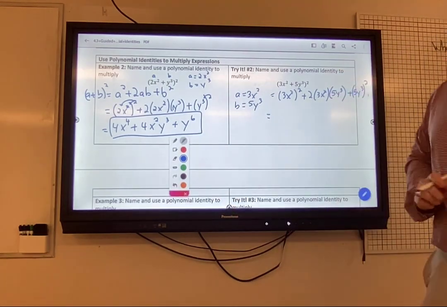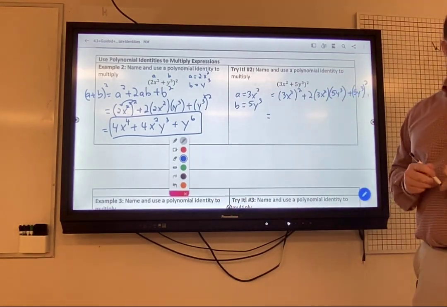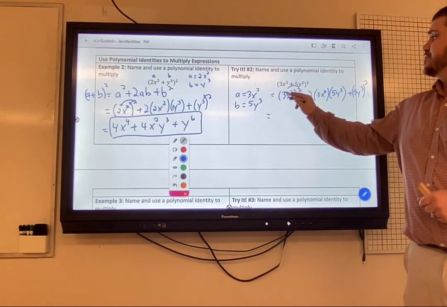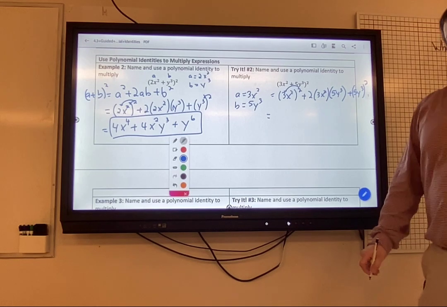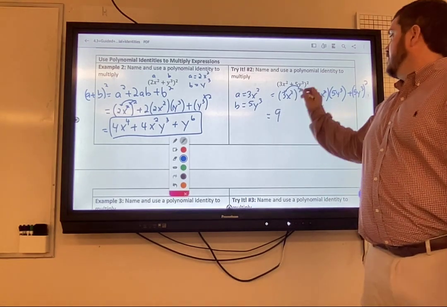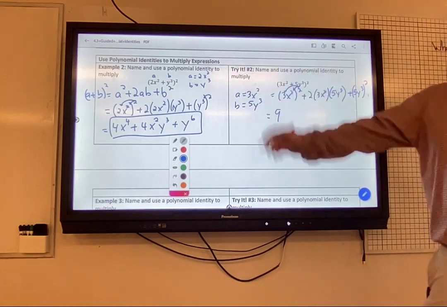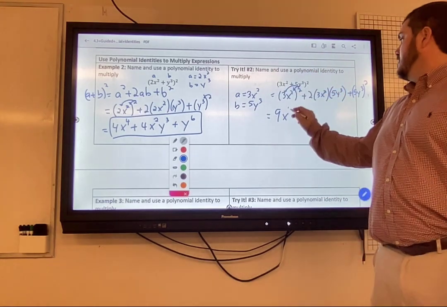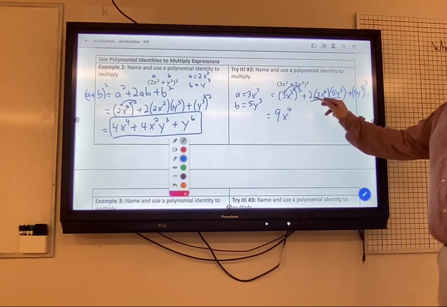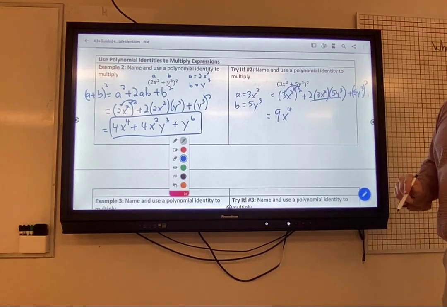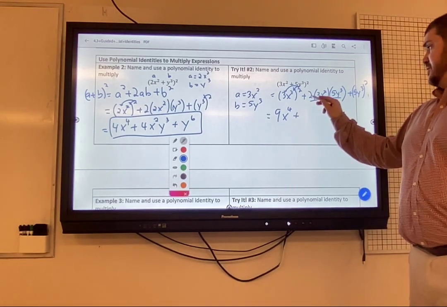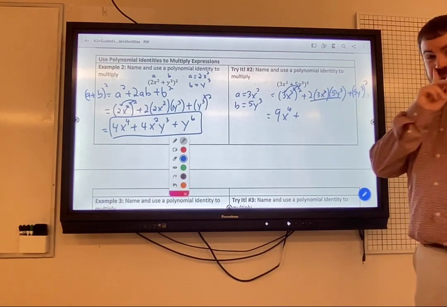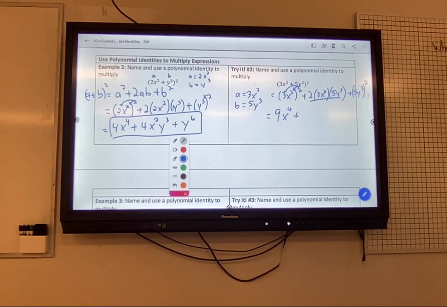Catherine, what's (3x squared) squared? Let me ask it better. What's 3 squared? 9. What about when you have x squared squared? x to the 4th. When I multiply this mess in the middle, 2 times 3 times 5, I'm just multiplying the numbers. 2 times 3 is 6, 6 times 5 is 30.